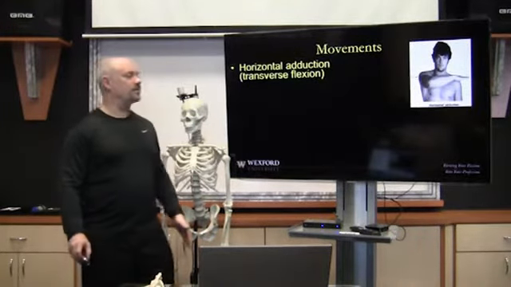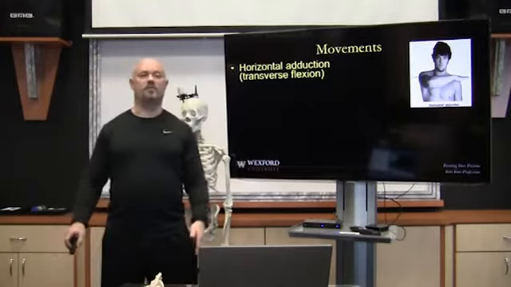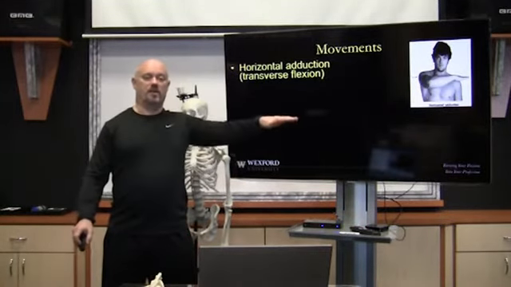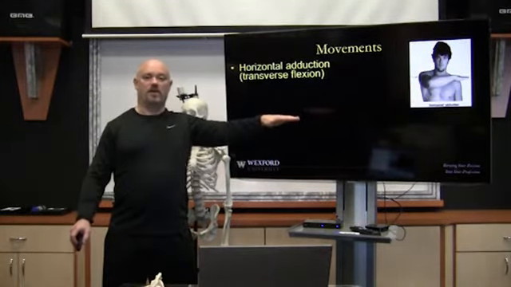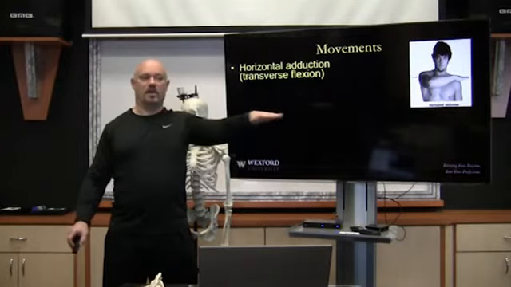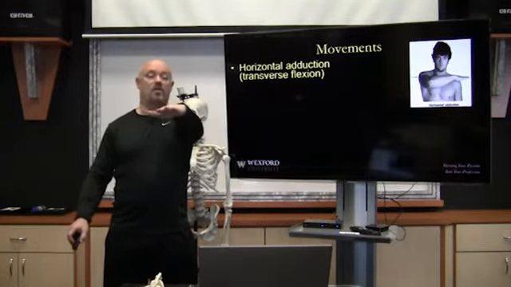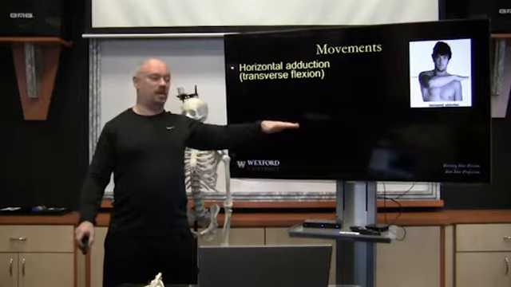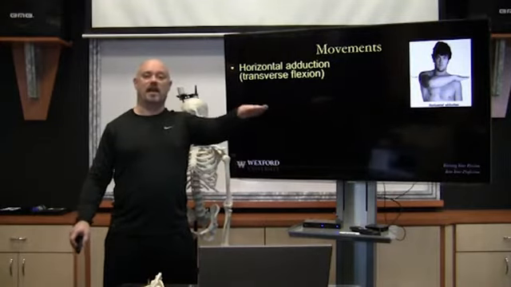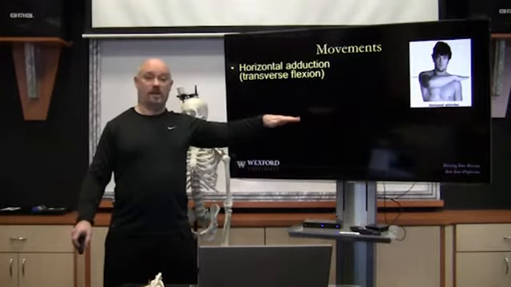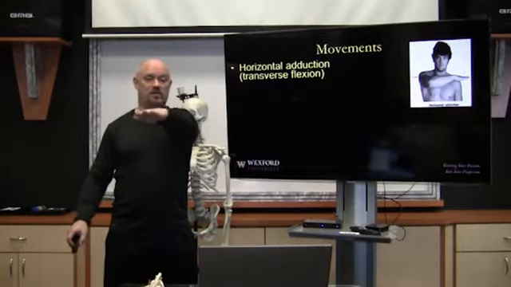Horizontal adduction. Horizontal meaning the transverse plane, raise the arm up. As we move toward here, horizontal adduction, we're adding to the midline. It's also transverse flexion, because in flexion we're decreasing the angle, in the transverse plane, moving toward the midline.